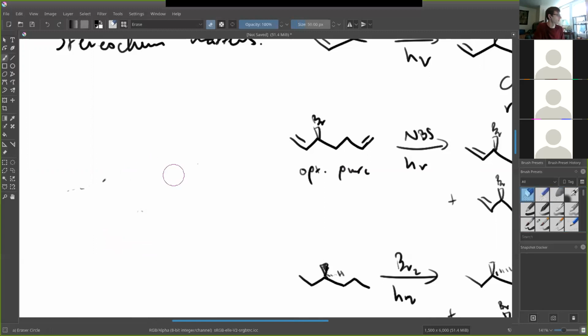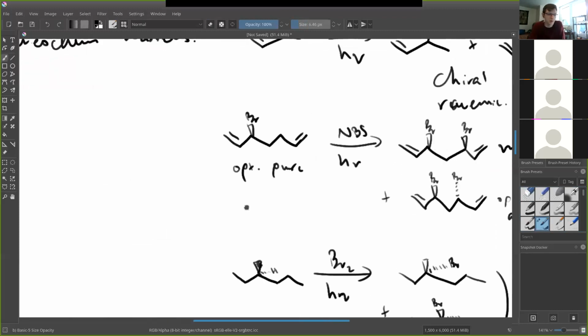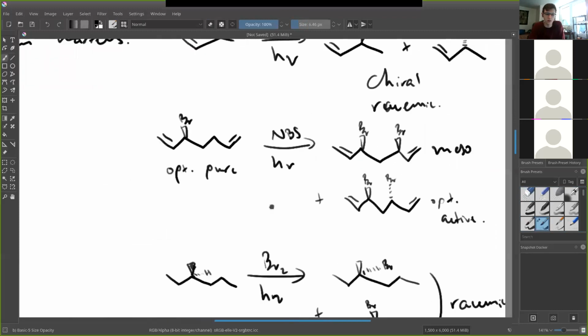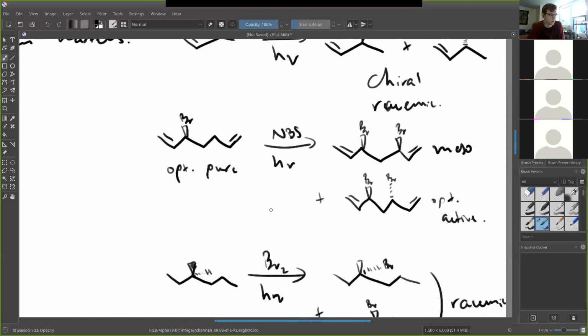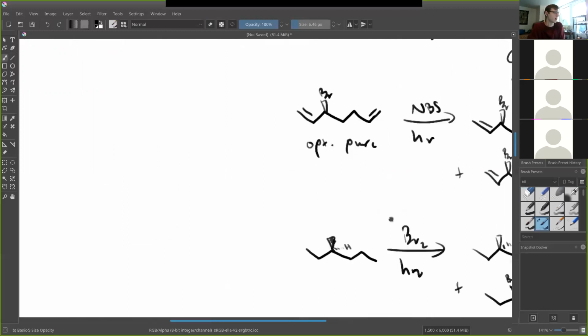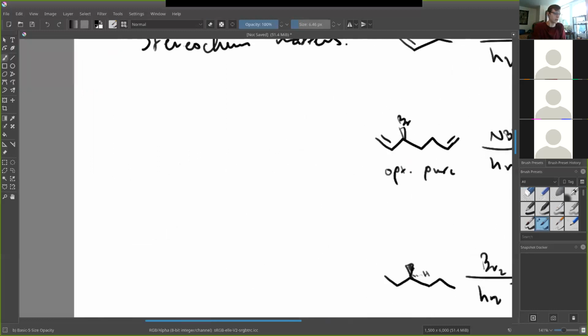Okay, there's another question in the chat. Would the bonds be able to rotate on the optically active product and produce the enantiomer? Let's see. In this case, this optically active product, let me redraw it over here.